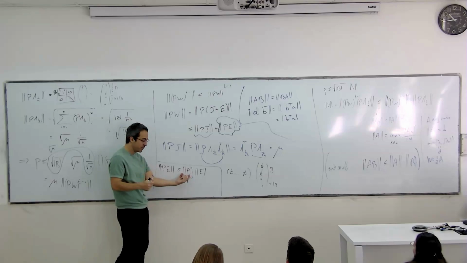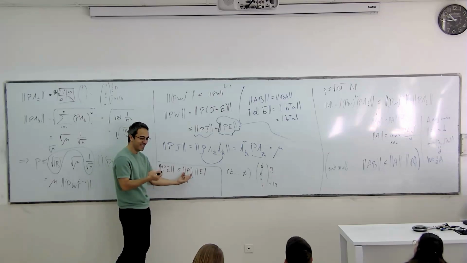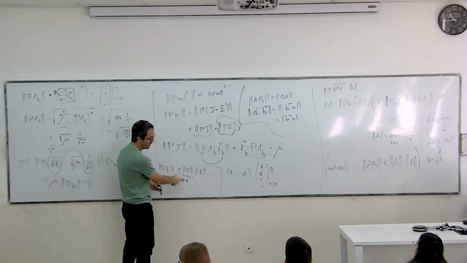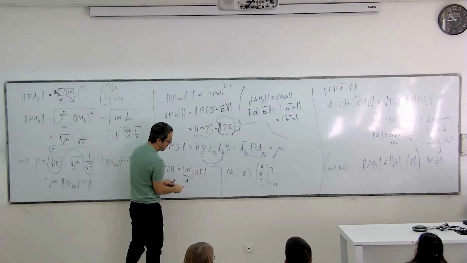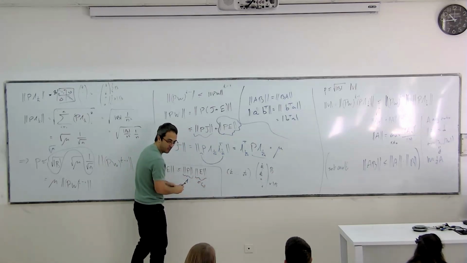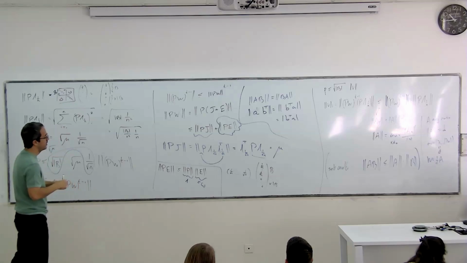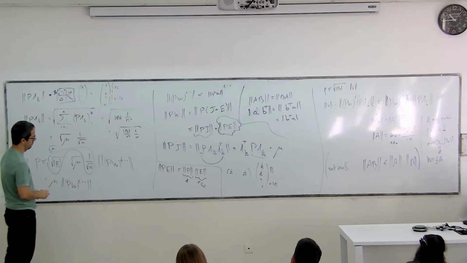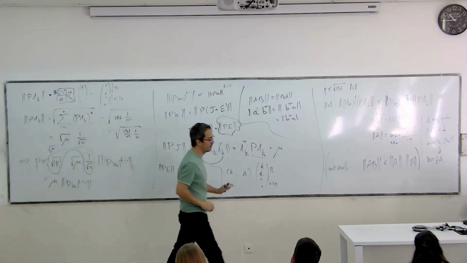So this is at most 1 for all these reasons, and by definition the other factor is bounded by omega. That's it. We're done, right? Apply it. I should just write it down, but we're done.